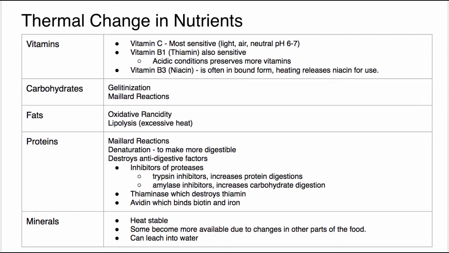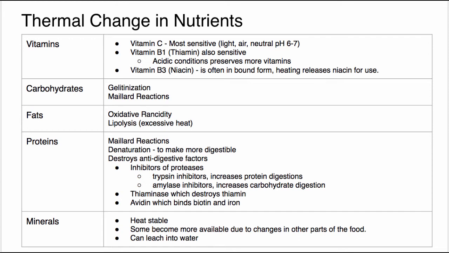Vitamin B3 is often found in a bound form, so actually heating releases it and makes it more available for use. So vitamin B3 can increase, while vitamin C and B1 will decrease with thermal processing. As we talked about with carbohydrates, when we heat polysaccharides such as starches, we get gelatinization, which means they're digestible.